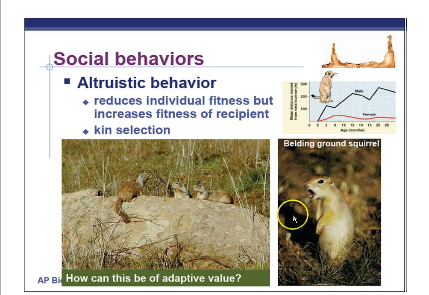Now, this only works if it is a gene that's common in the population, and that's why it's called kin selection. If the other members don't share that gene and you're doing all the warning, you're just more likely to take yourself out of the gene pool because you're attracting attention and there's no gene to be selected for.